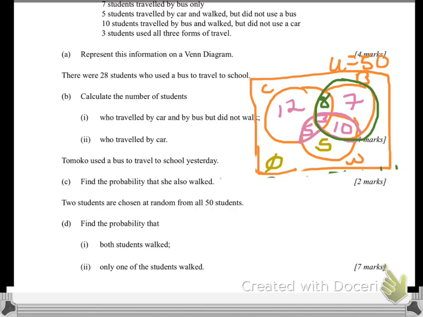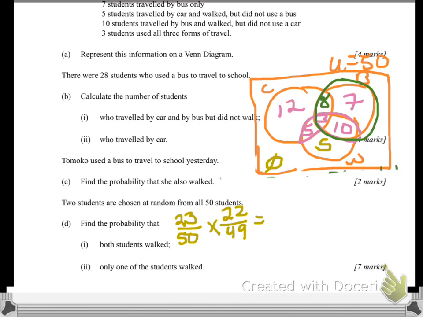All right, so now they want to find the probability that 2 students walked. So we have student 1 and we have student 2. Well, find the probability that student 1 walked. So 5 plus 5 plus 13, so I get 23 out of 50. Now 1 is no longer there, so it's 22 over 49.